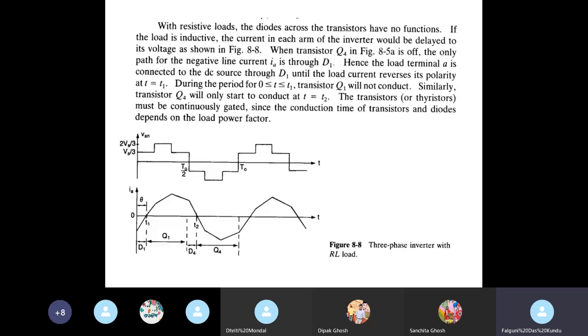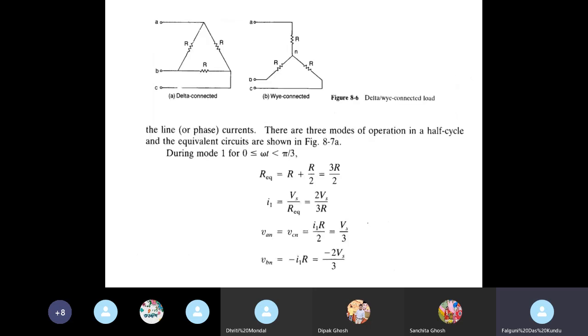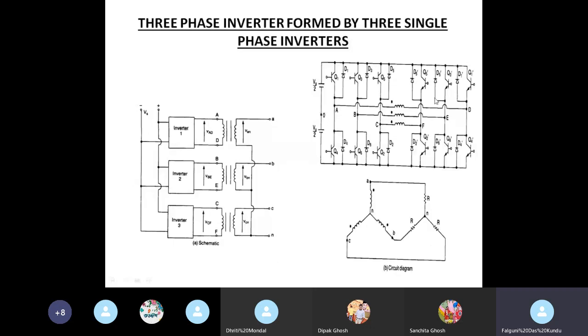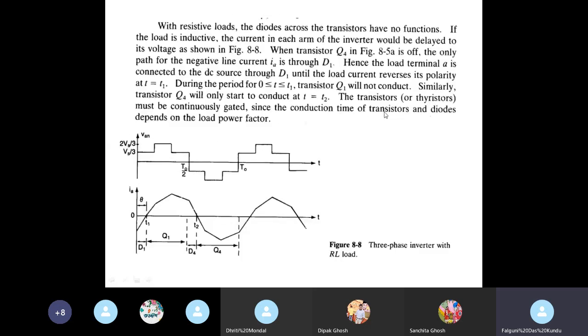When the load is only resistive in nature, there is no function of the diodes which are connected across the transistors. But if the load is inductive in nature, then the current in each arm of the inverter would be delayed with respect to its voltage.